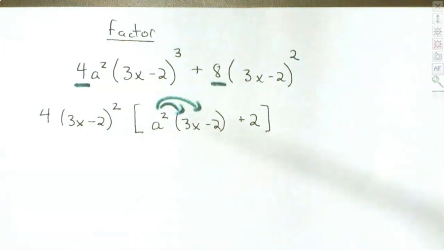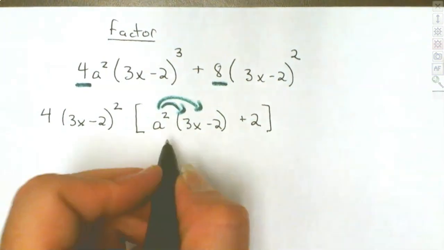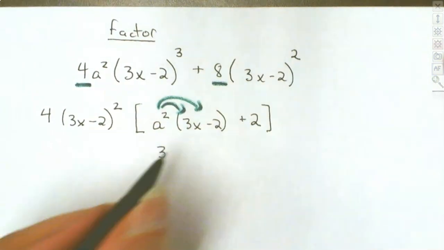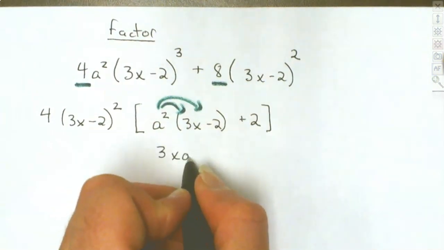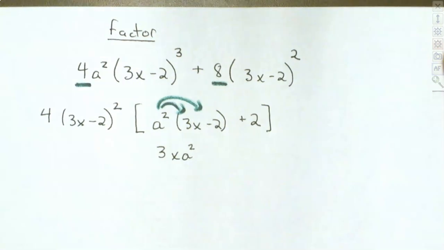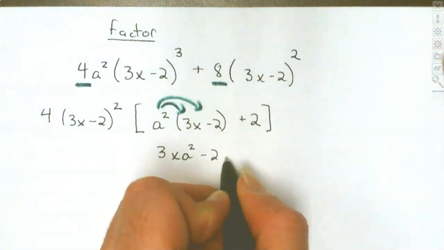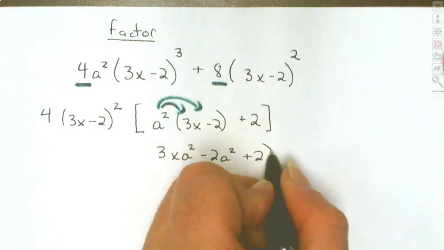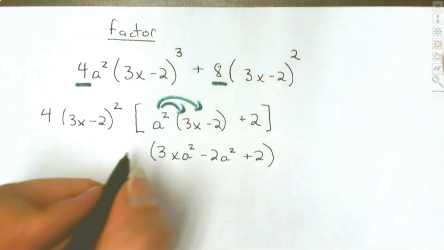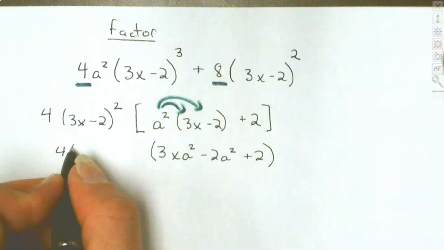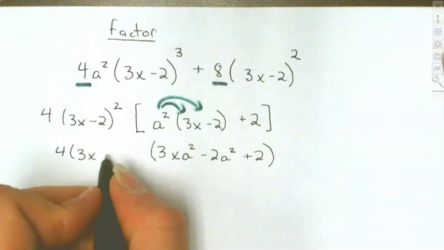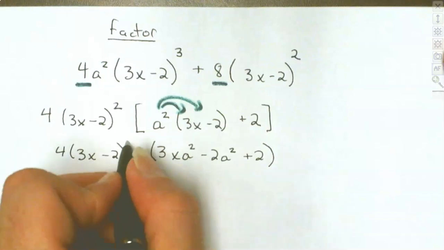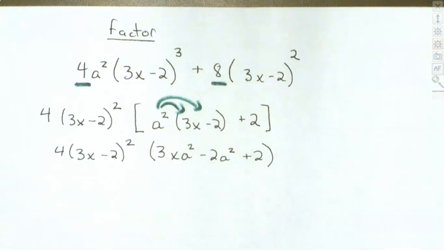So go ahead now and distribute that a squared through. And that's going to give you 3x a squared minus 2a squared plus 2. And that's going to now be our final, finished, factored answer.